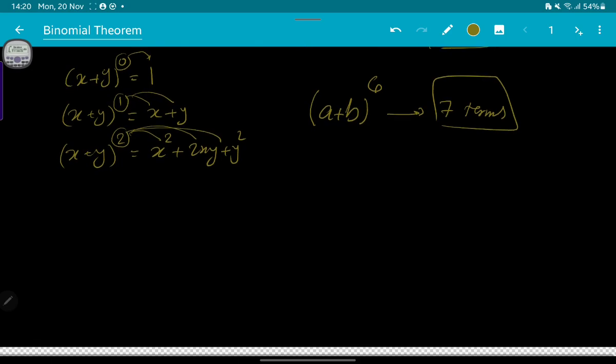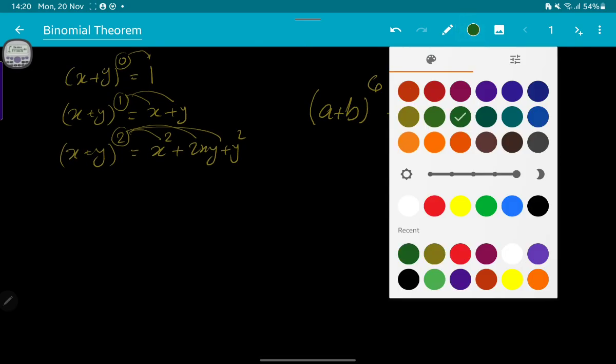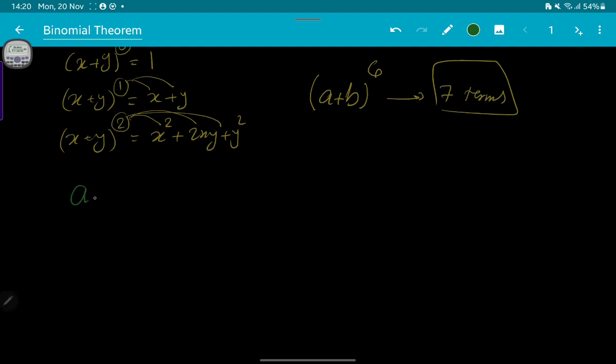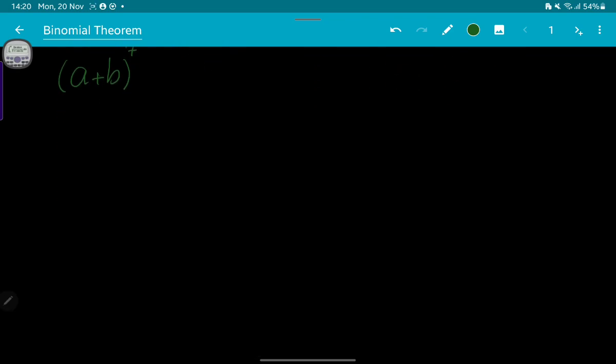To know the expansion of this, we have 2 methods. A plus b power 6. We said we have 7 terms. The first term will be a times b. With them, we have a coefficient.